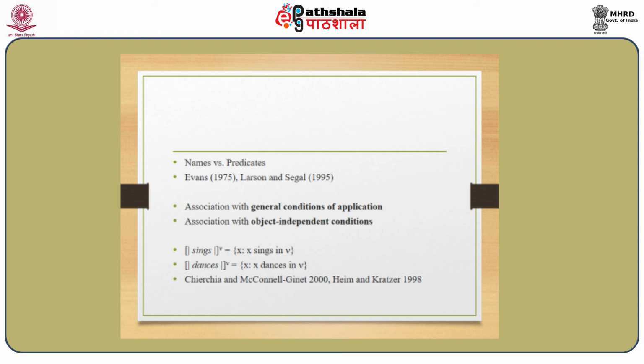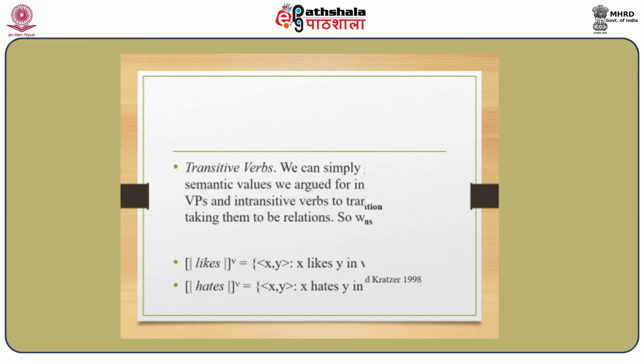And association with object-independent conditions is guaranteed because the semantic value of a predicate is taken to be a set whose value can vary with the circumstance nu. Evans's first point about predicates applying to objects rather than just arbitrary object stuff will also be guaranteed once we see our semantic rules. So for this, just wait a little bit, we'll come to this point.